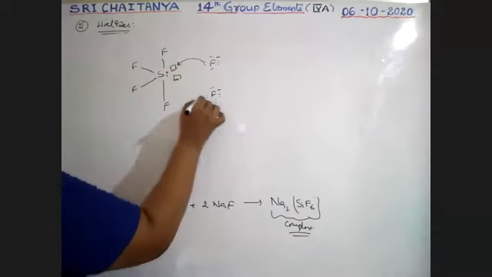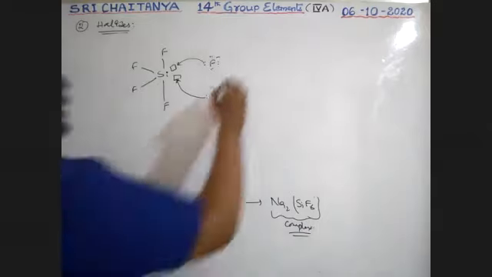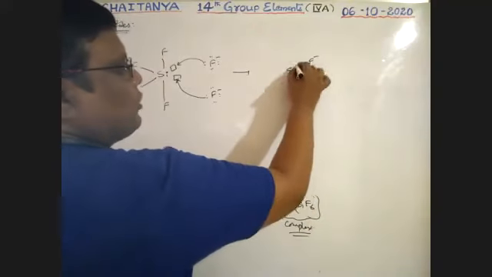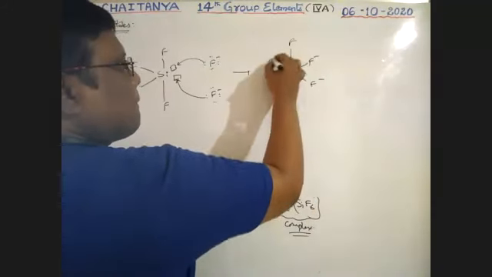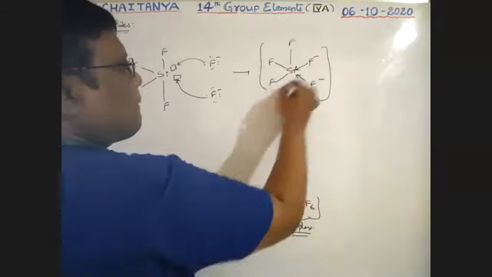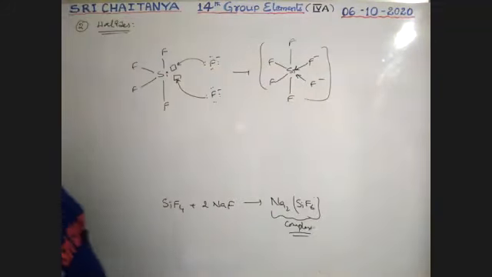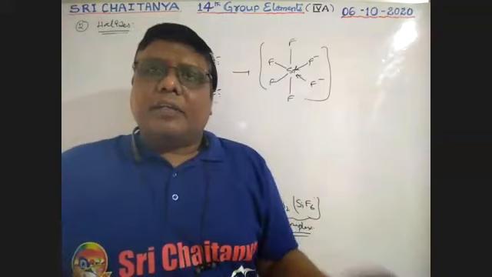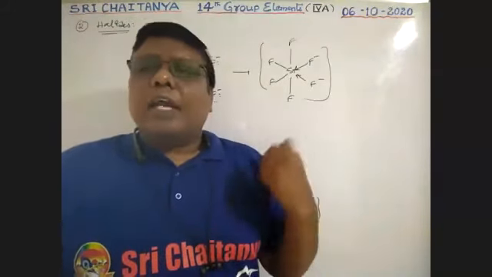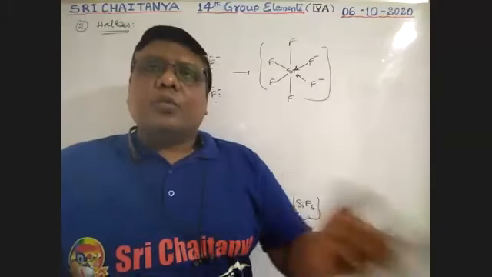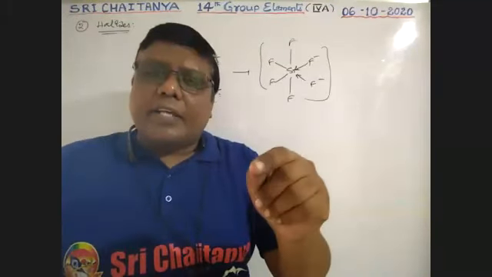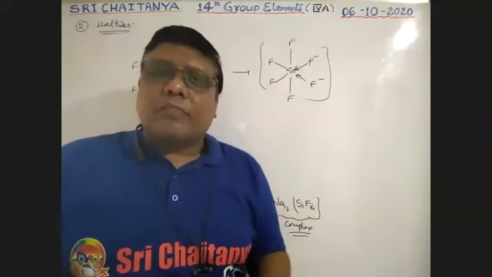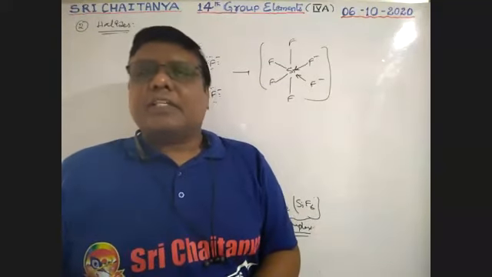Because of that, each F minus donates a pair, forming SiF6 with coordinate covalent bonds. Why, sir? Because of the availability of d orbitals. Like this, every element other than carbon has d orbitals and acts as an electron pair acceptor. Therefore, all of those act as good Lewis acids. Therefore, SiCl4 is a Lewis acid, but not CCl4. SiCl4 is involved in hydrolysis, but not CCl4, because of this reason.